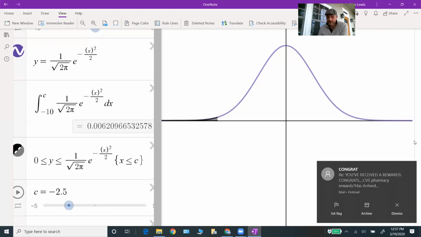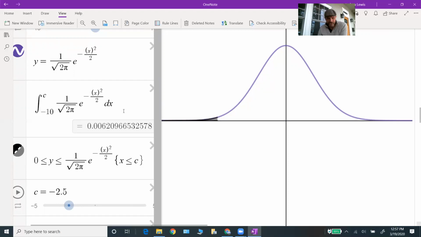There's the area under the curve, the area of that shaded region. You can just barely see it, but all this area in the tail, and keep in mind that tail goes on forever, has an area of about 0.006. And as I keep going, that area is increasing, and notice my area now is 0.4.